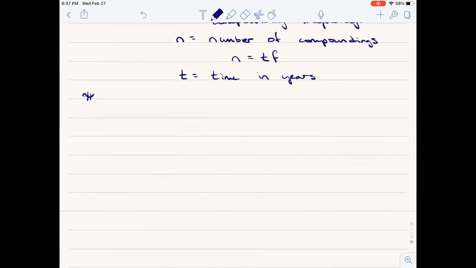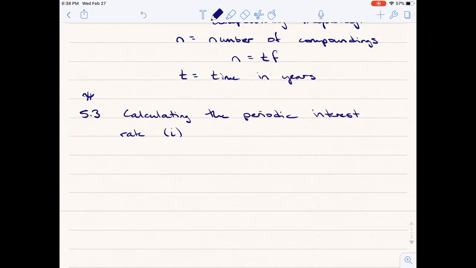Let's start. 5.3 has a really long name. It's calculating the periodic interest rate, that's i, right? Lowercase i.